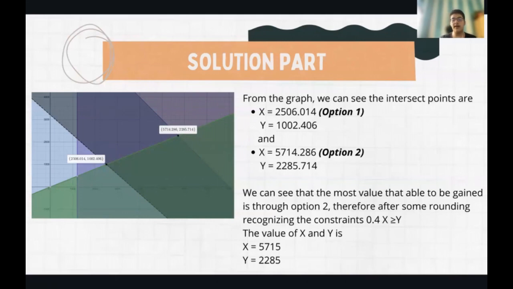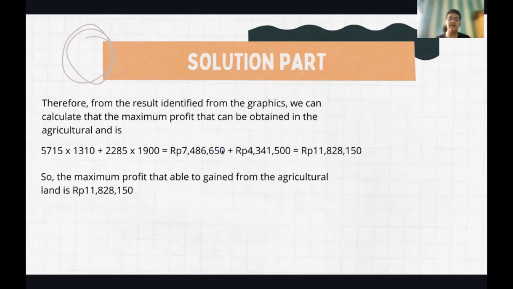Therefore, after some rounding, and recognizing the constraint 0.4x greater than or equal to y, the value of x is equal to 5,715 and y is equal to 2,285. From the result identified from the graph, we can calculate the maximum profit that can be obtained in the agricultural land.